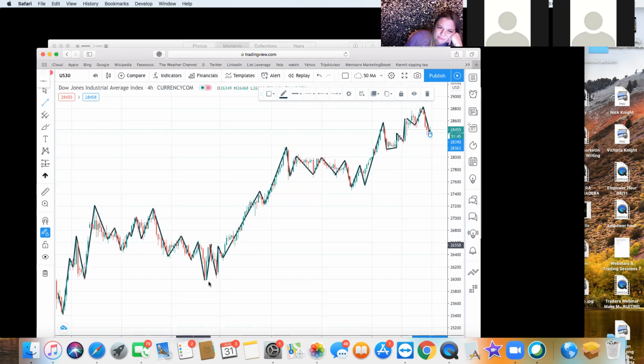Until when? Did this break? No, it landed right at it, but did it break that level and retest it? No. So by all means, look guys, we are still in a bullish market.